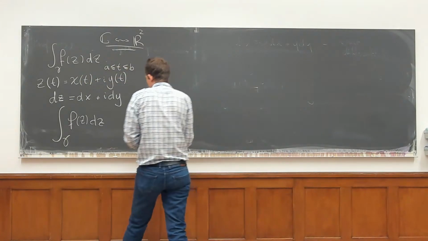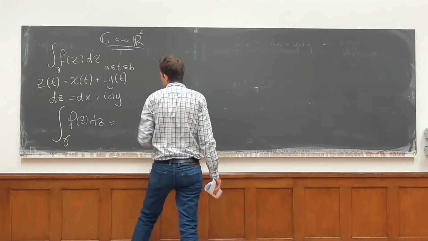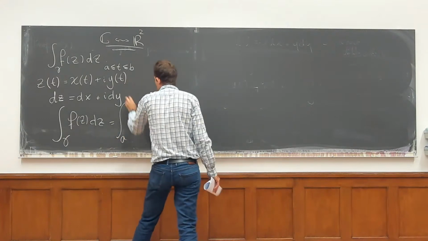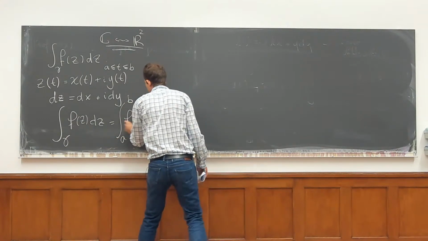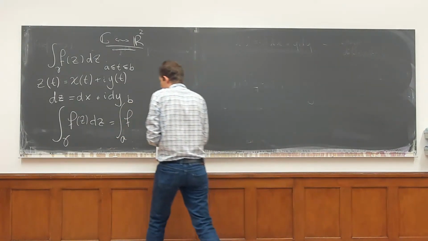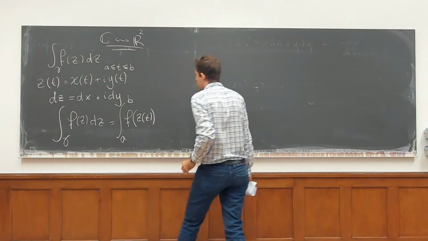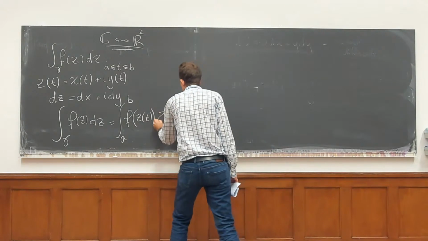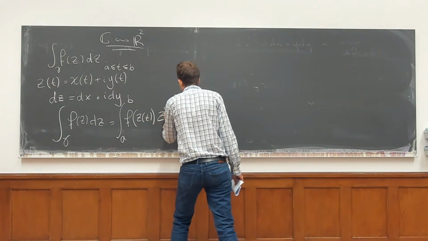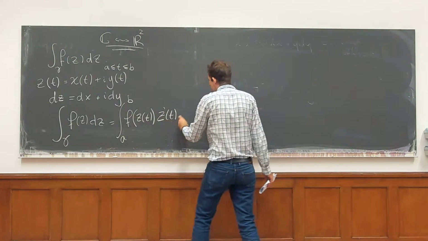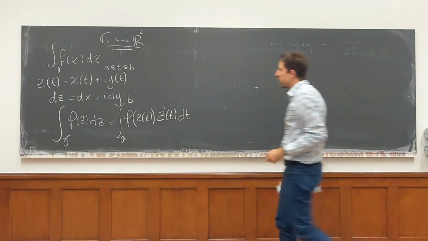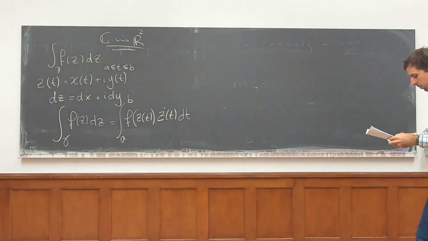Okay, so what did we find this to be? Let's say we have a parameterization from a to b. So we define the integral from a to b of f(c(t)) c'(t) dt, where c'(t) is dz/dt. And this is a normal integral over the reals.